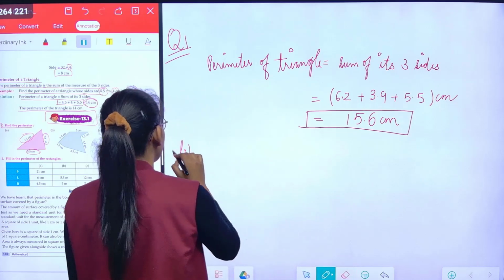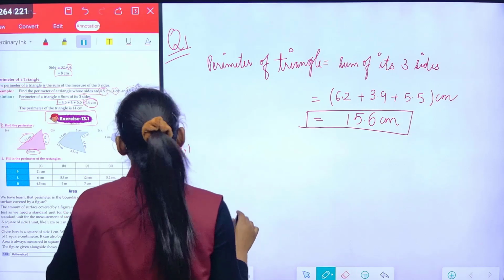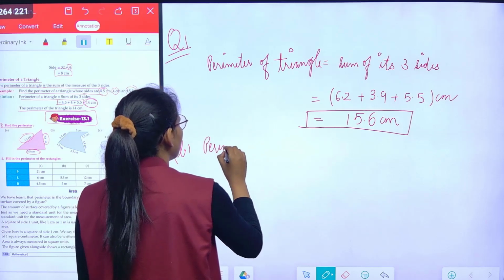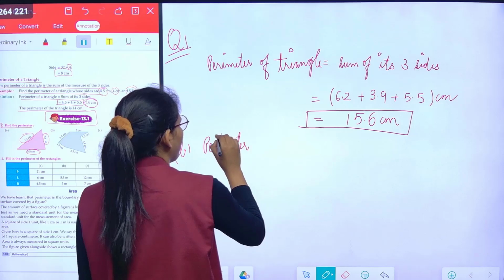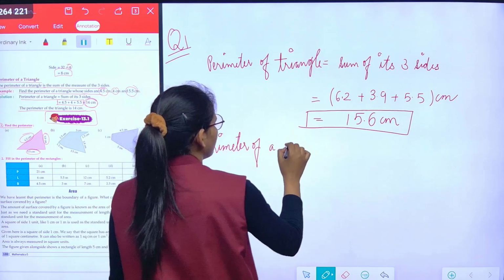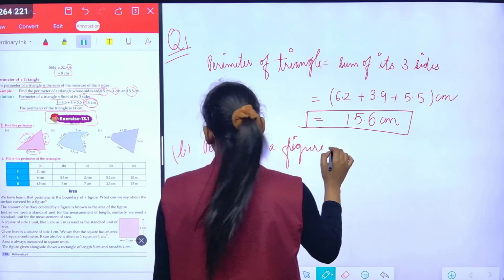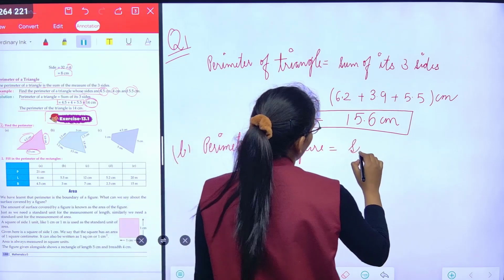Now class C, B part, class. B part is parameter of a figure. Okay, class. Now sum of all sides.